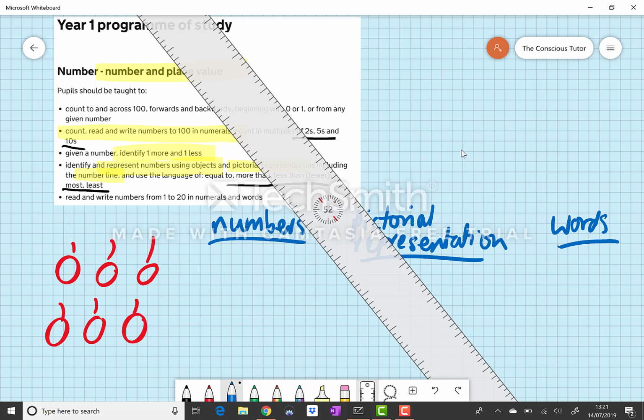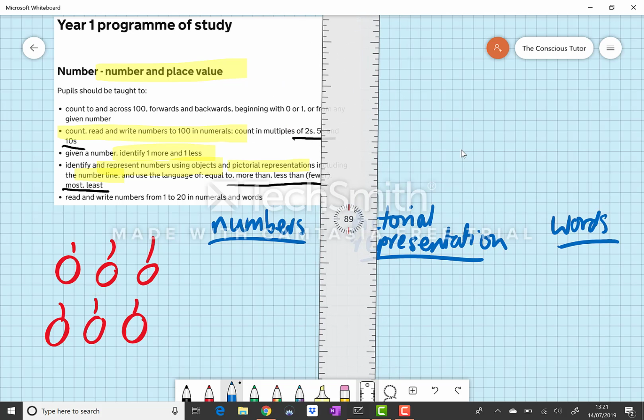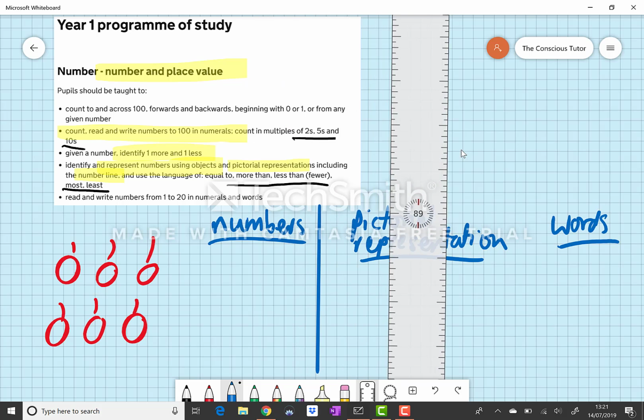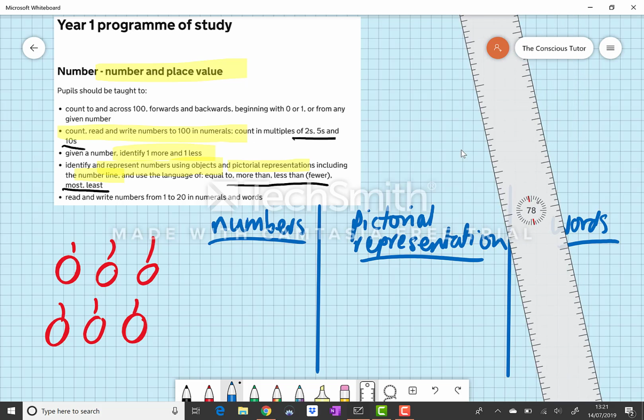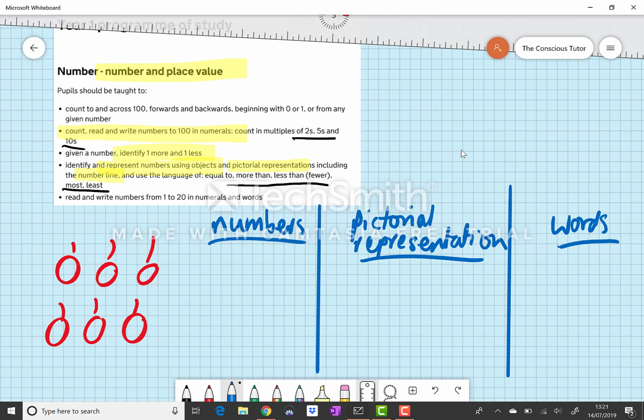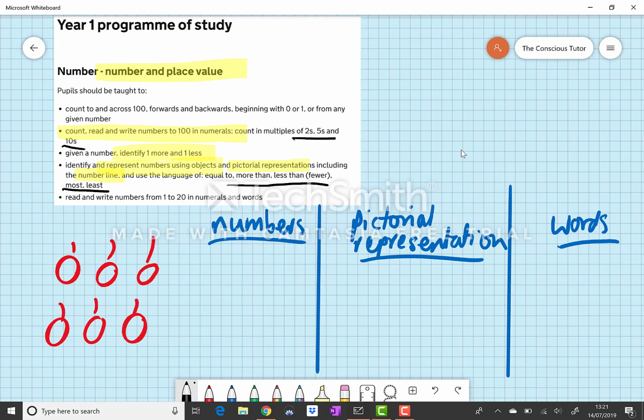So really straightforward. You could just present this in a table and children could then write what it is that might mean. So for example, if we've got 3 and we draw 3 circles and we write 3 in words, we might give the child 4 and see if they can fill in the rest.